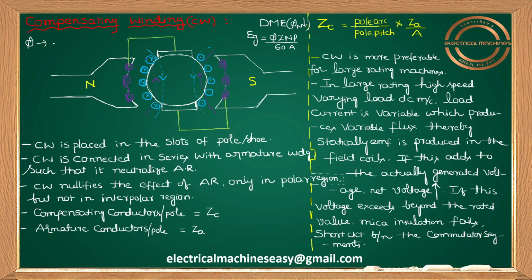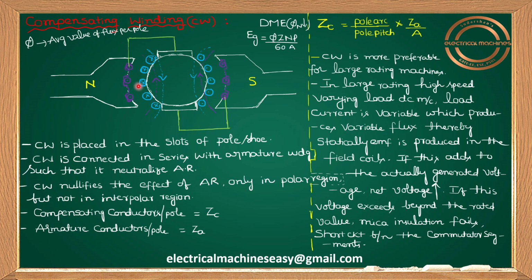Phi means average value of flux per pole. Per pole means, please try to understand, let me show you by using the laser pointer in this region.